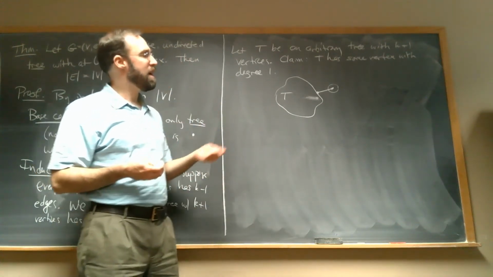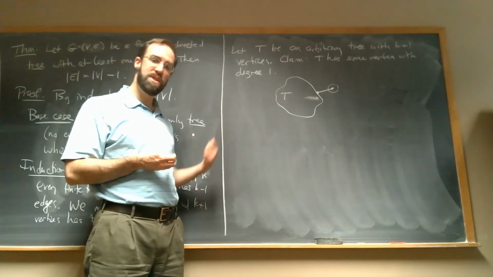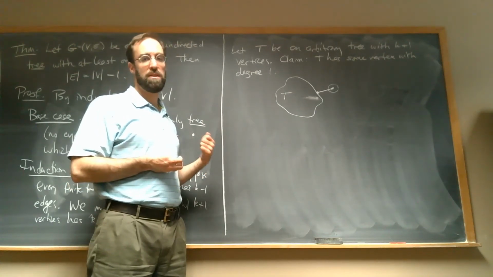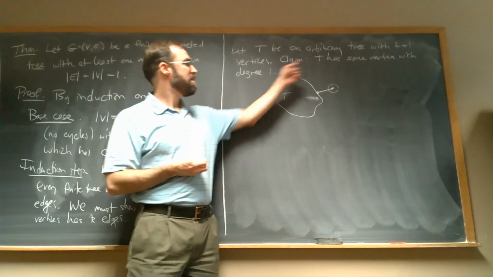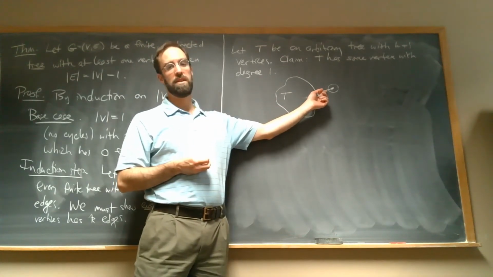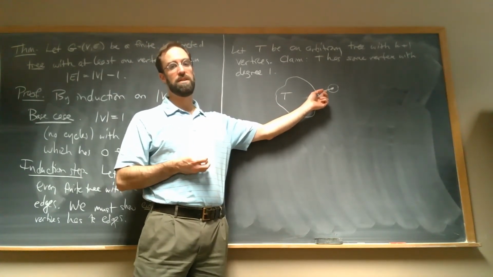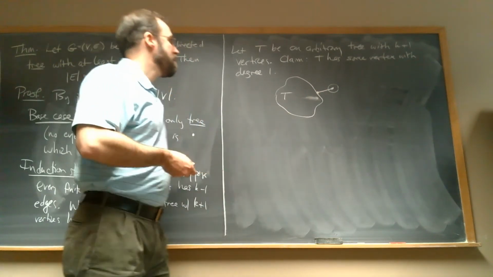So it still doesn't have any cycles, it's still connected. It's a tree, it has k vertices, therefore the induction hypothesis says it has k minus 1 edges. And therefore, my tree T, right, I deleted this edge, so in fact it had k edges to start with. Okay?